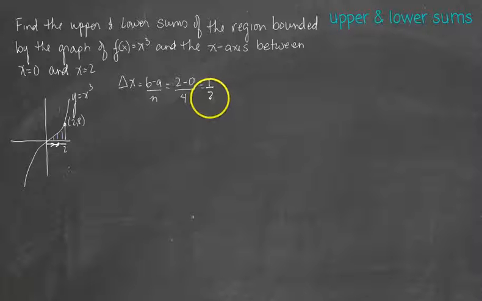I could choose n equals 8, and then I would have 1/4, or I could choose n equals 5,000, and then I would have almost exactly the area, but I would have a difficult time calculating 5,000 partitions. So we're just going to stick with n equals 4 to play with the tools we have for doing this.